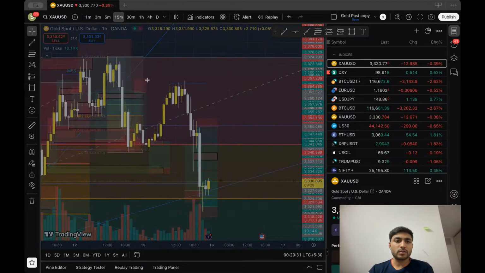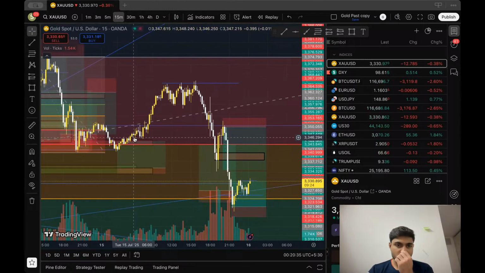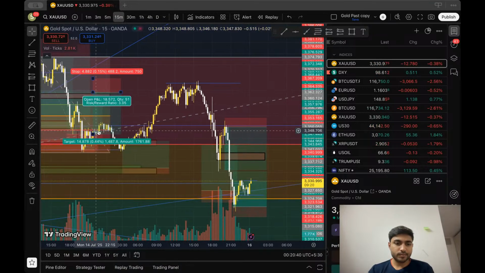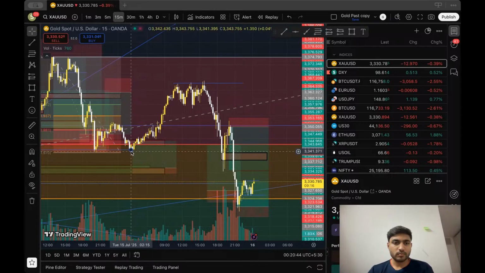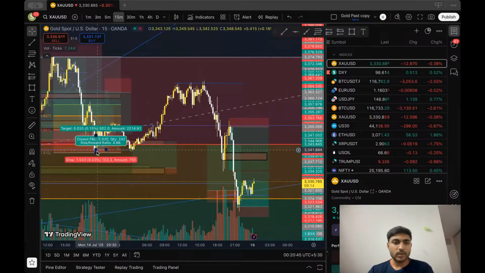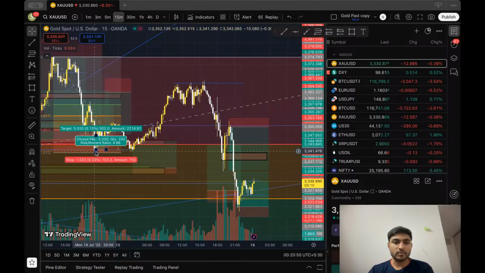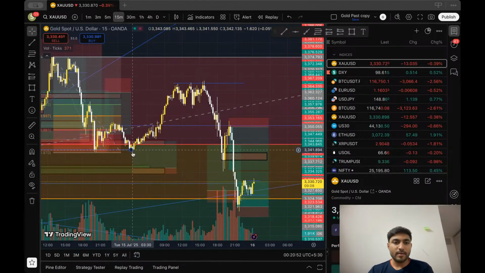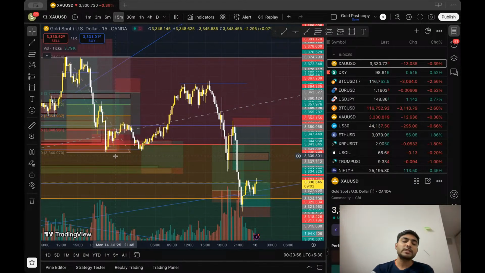This is 1 hour, sorry. 15 minute is this. Actually, I think this is the buy we took, no? At the sharp entry. So yeah, and it came back to that level, and I would have hoped we would have taken liquidity.